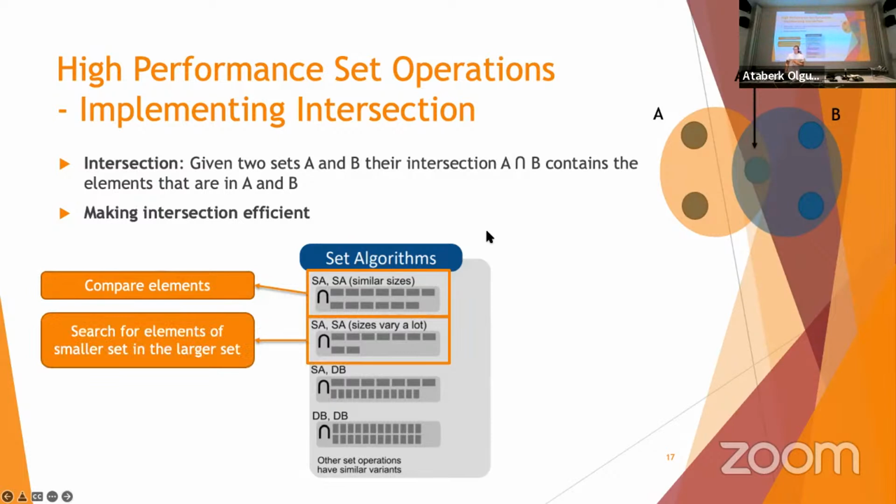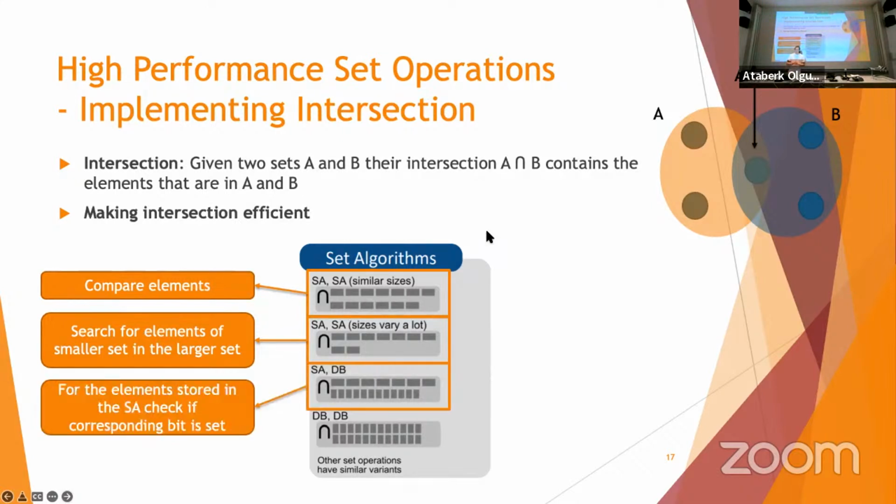If the size varies a lot, then we can iterate over the smaller set and binary search for the element in the bigger set, where we assume it is sorted, thus achieving better asymptotic complexity. It gets even better when one set is stored as a dense bit vector, because then we just need to iterate over one of the sets and can check whether the corresponding bit in the other set is set.